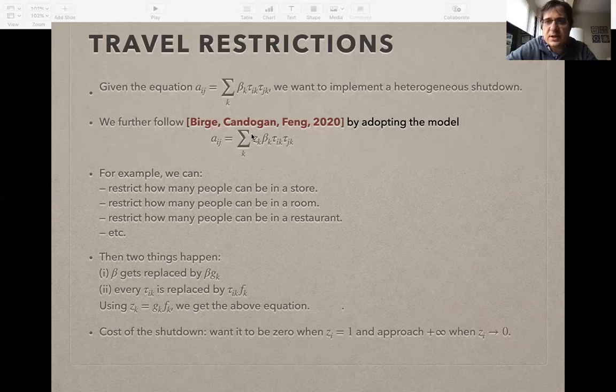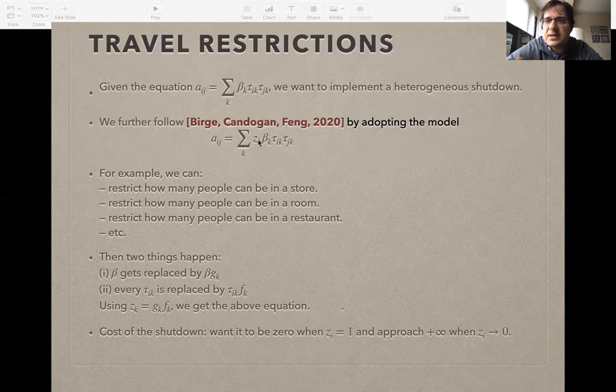And then what is the cost associated with this? Obviously, we want to try to control this process by shutting down as little as possible. Well, you can take a number of models. I'm going to just stick to one in this presentation, but this is not the only model you can take. So you want something where z_k equals 1 corresponds to doing nothing and has a cost of 0. And when z_k is 0, that means shutting down everything.